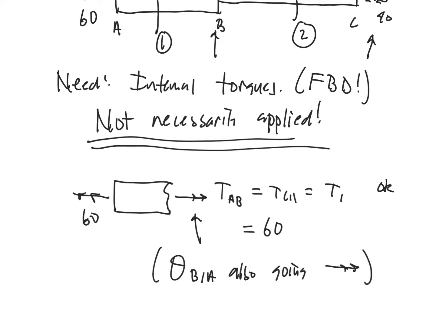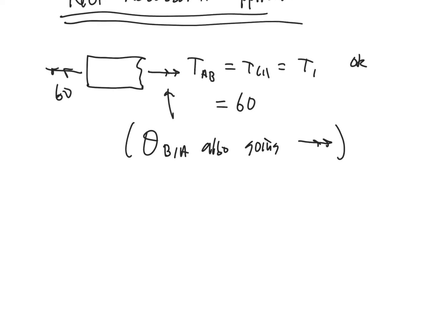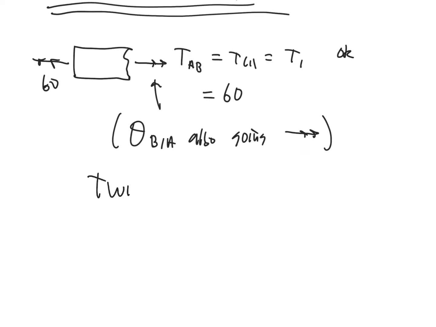So the twist follows the direction of the torque. Let's write that down: twist follows the T direction. Period. I'll put a little star like that so we remember that.